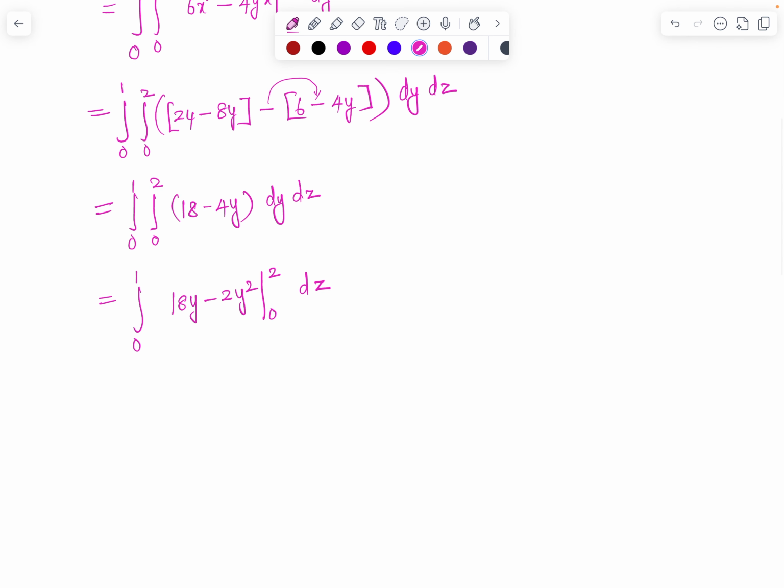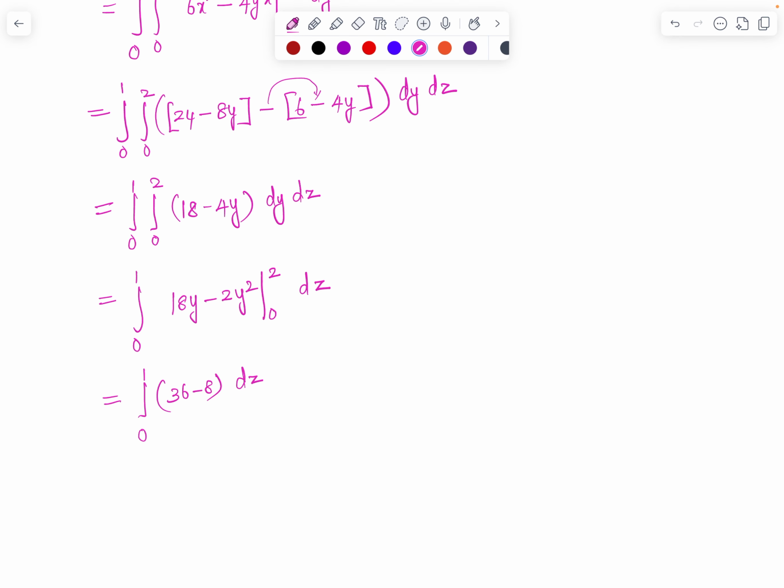Check here, the lower limit is 0. So just apply the upper limit in the place of y, replace it by 2. So what do you get? It is 0 to 1. I replace. So what you get is 18 times 2, it is 36, minus 2 times 2 square, that is 8, and the lower limit is 0, so leave as it is.